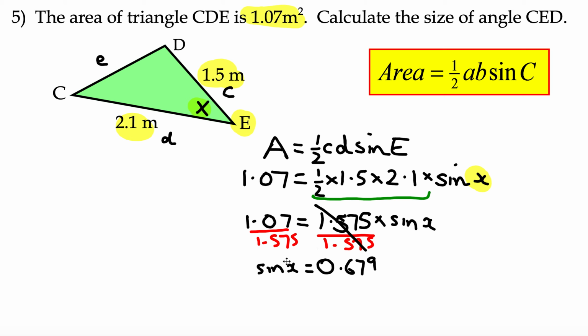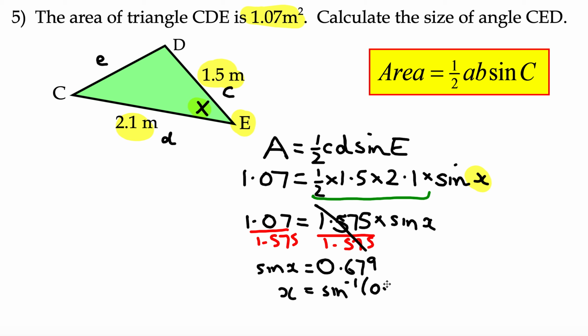So this time, because we've got sine x, of course, to get the actual value of x, we have to do the inverse sine. So sine to the minus 1 of 0.679. There we go. Do inverse sine on your calculator.